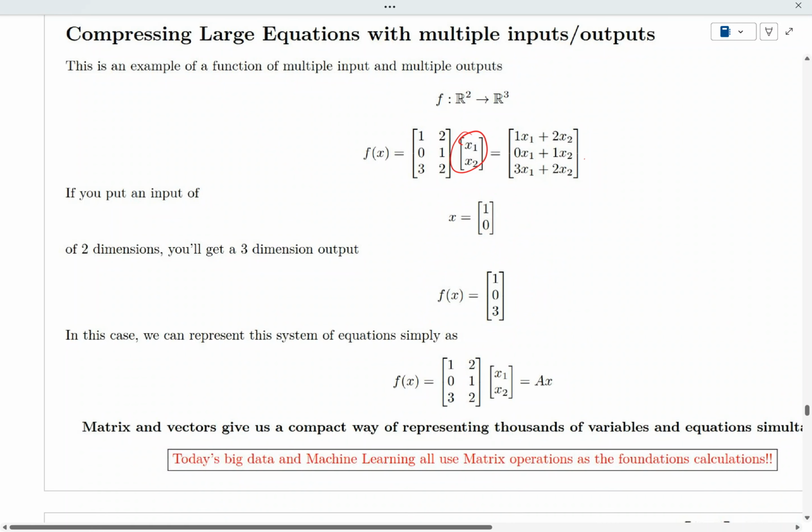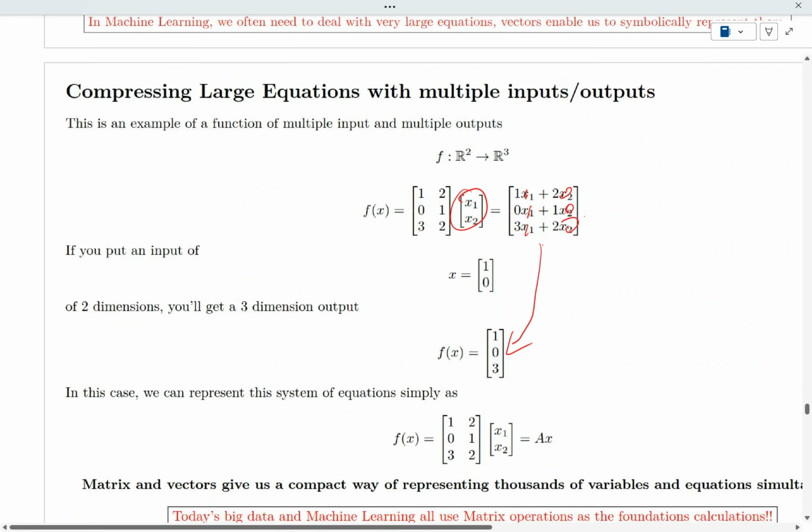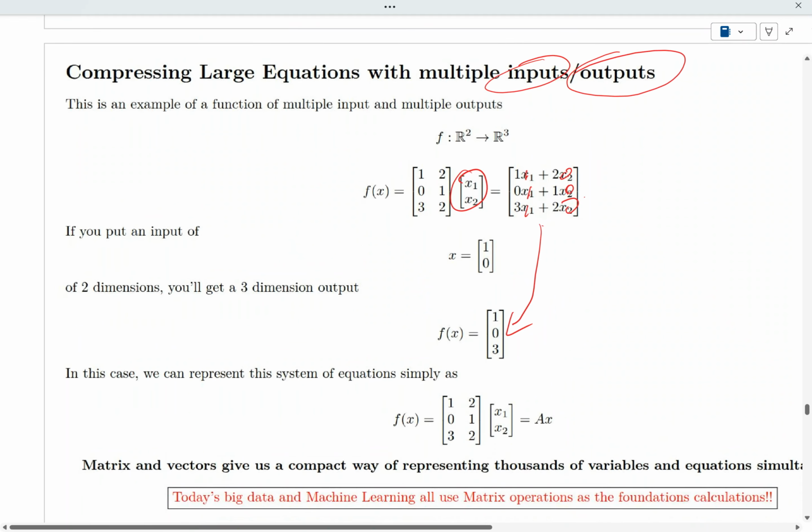So if we plug in x1 as 1 and 0, right, it outputs three values. So this is what we call a system of equations, because it's no longer having some input with a single output. What we have now is multiple potential inputs and multiple potential outputs.